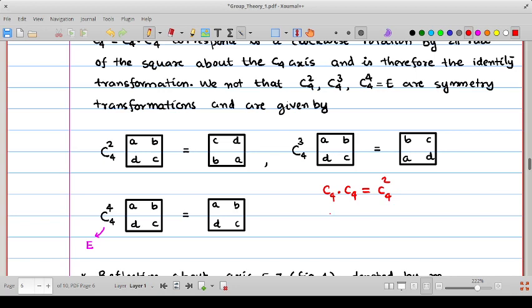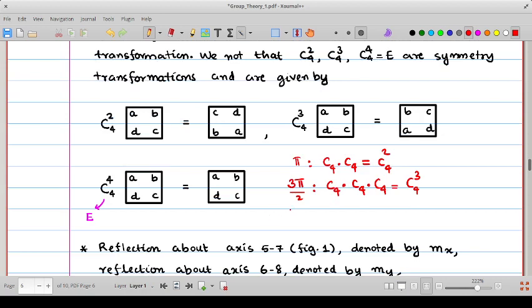Using the same notation, a rotation by 3 pi by 2 radians about the C4 axis is C4 C4 C4, which we denote as C4 cube, and a rotation by 2 pi radians will be denoted as C4 C4 C4 C4.